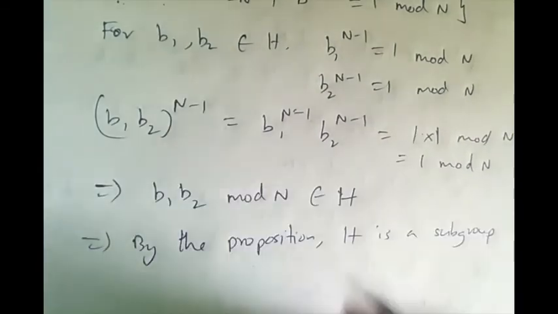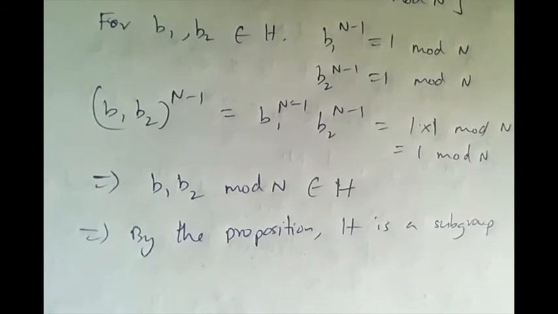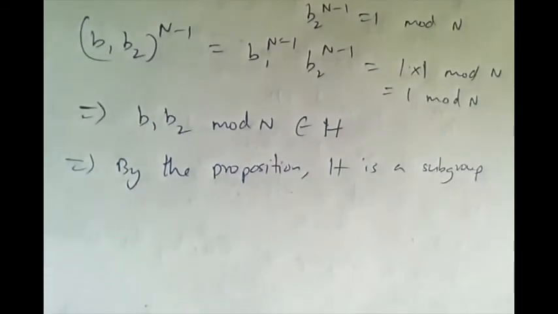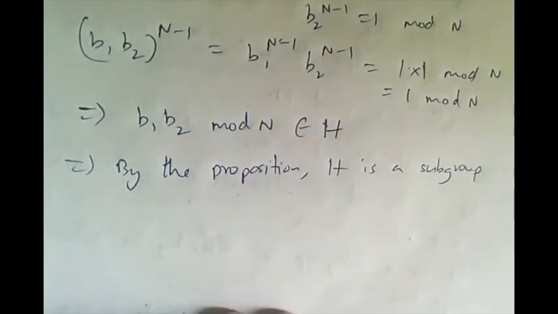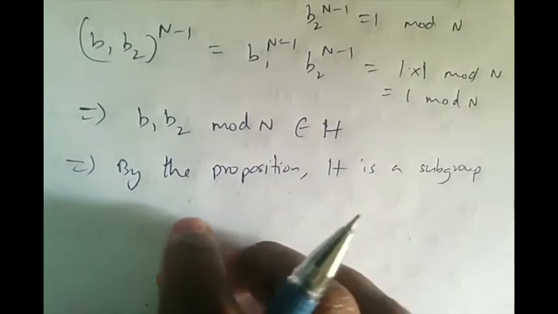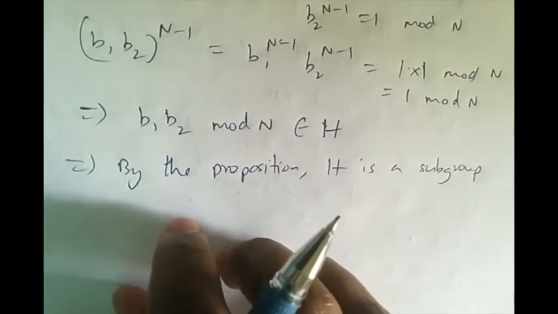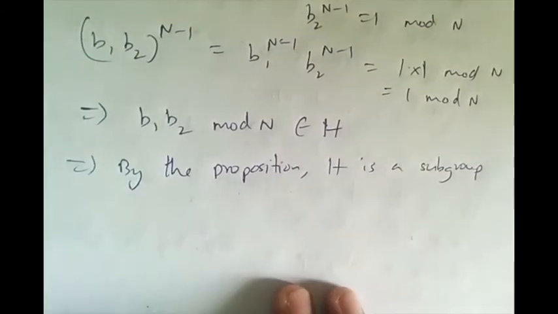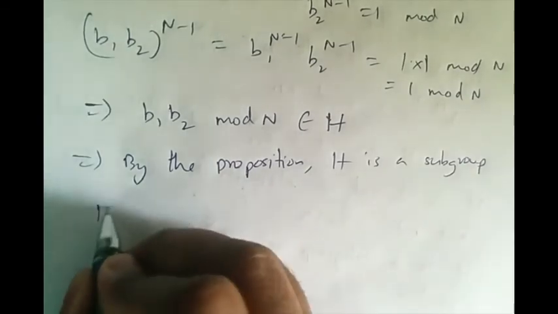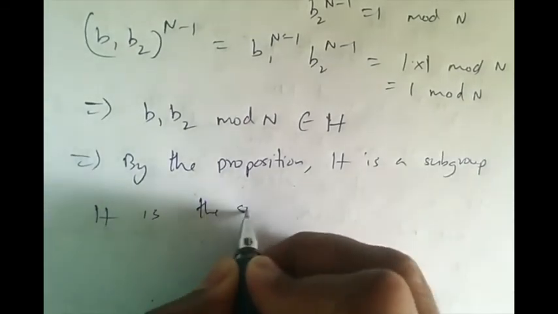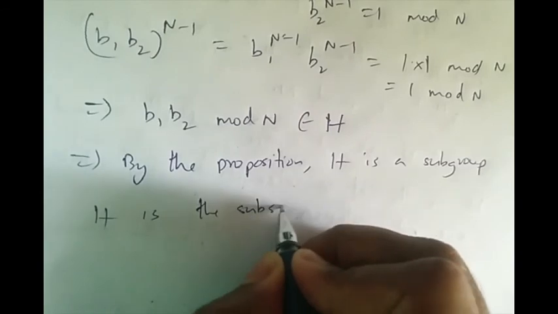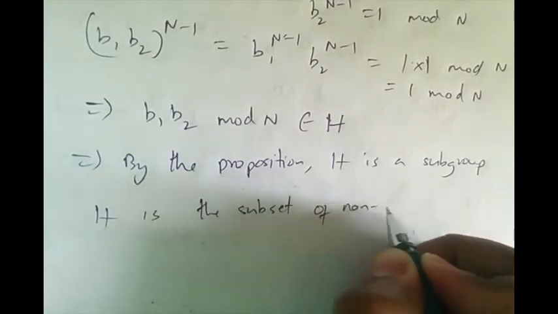Okay. So how is this going to help us prove the theorem, which says that if there is at least one witness that n is composite, then at least half the elements of Zn star are witnesses that n is composite? So what does it say? H is the subset of non-witnesses in Zn star.